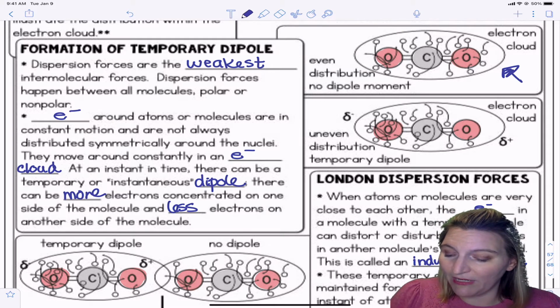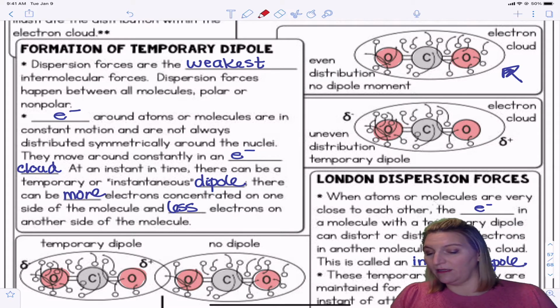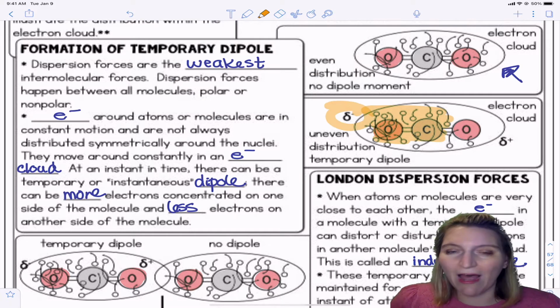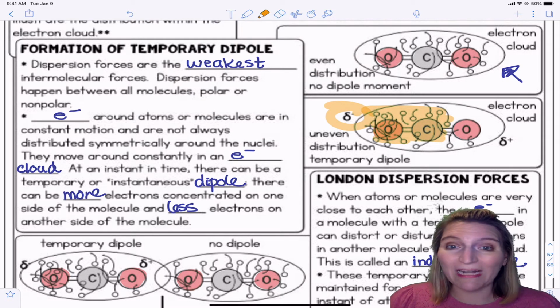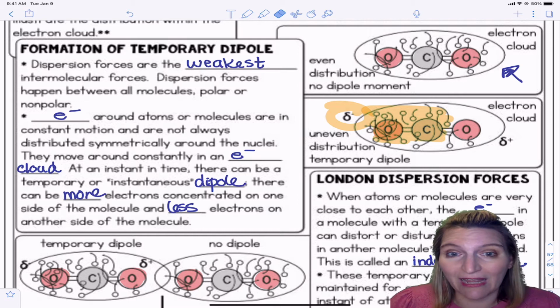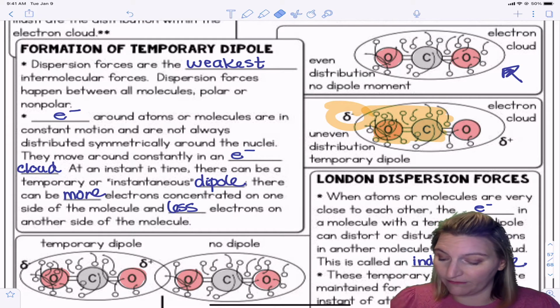And that's what's happening here. There's lots of electrons over here. So that side of the molecule for one instant in time is partially negative. And the other side of the molecule, because it has less electrons, is partially positive.